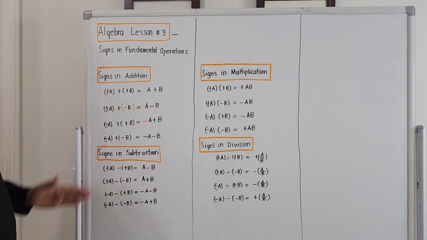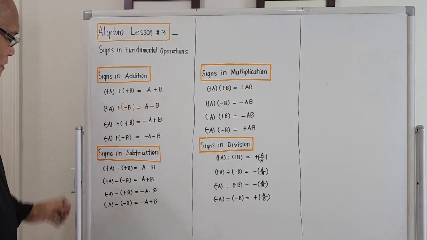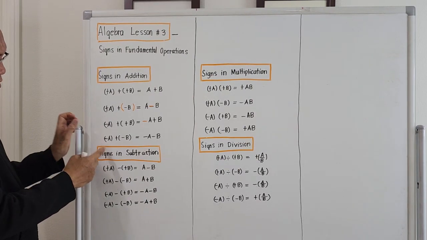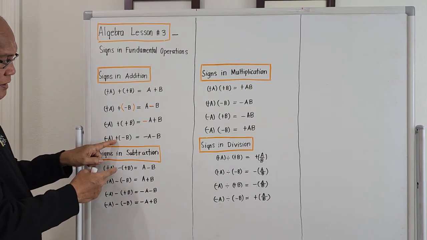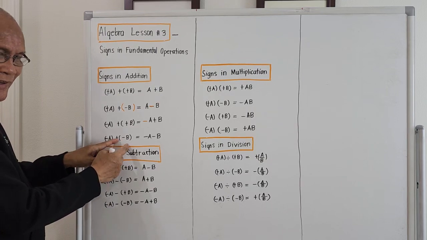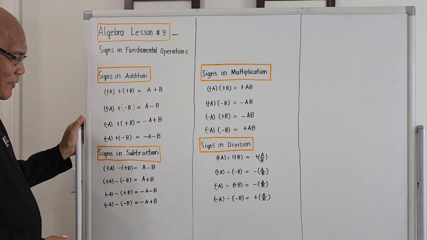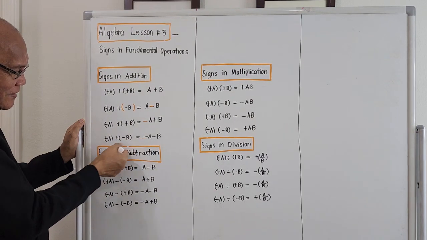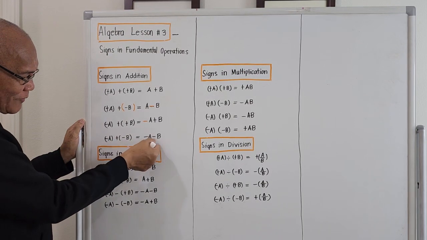The fourth possibility, if the first number is negative and the operation is addition, and the second number is also with the negative sign. Let's try to simplify. A negative A will still be negative A. A plus and a minus will be a minus.